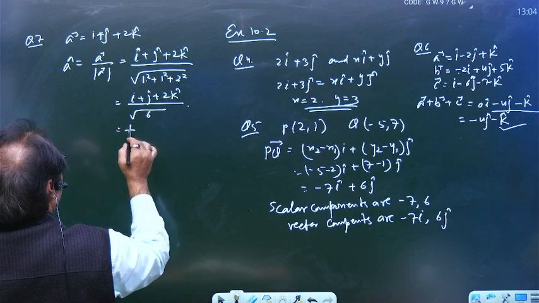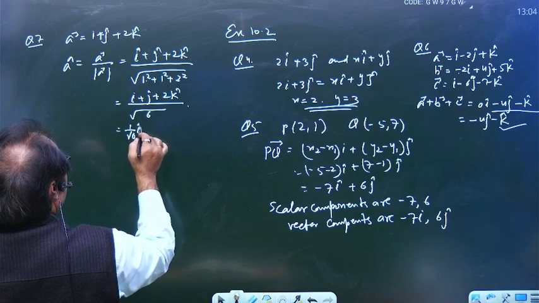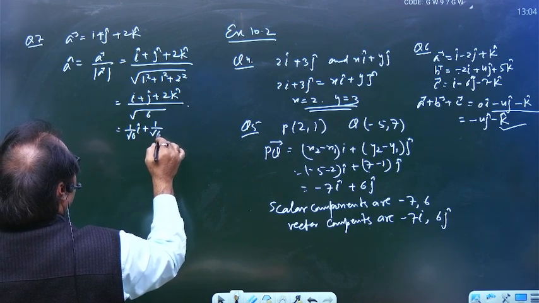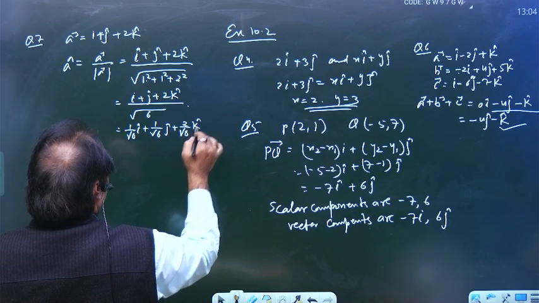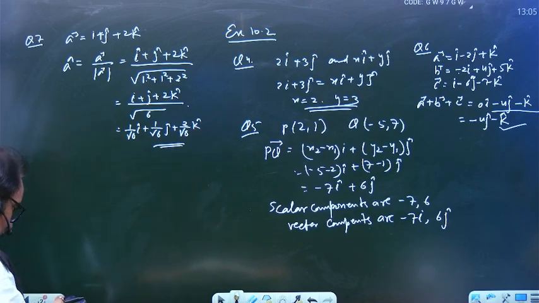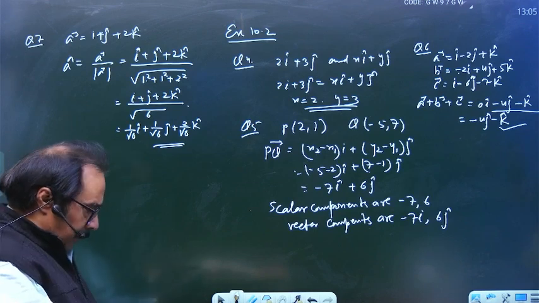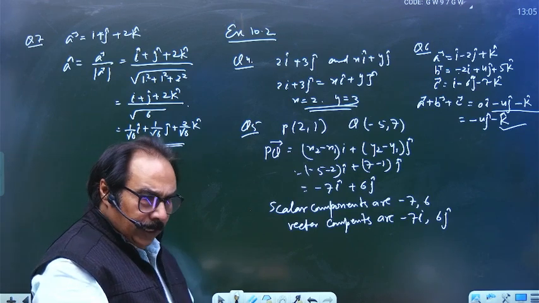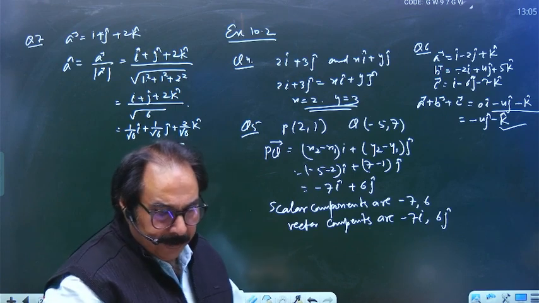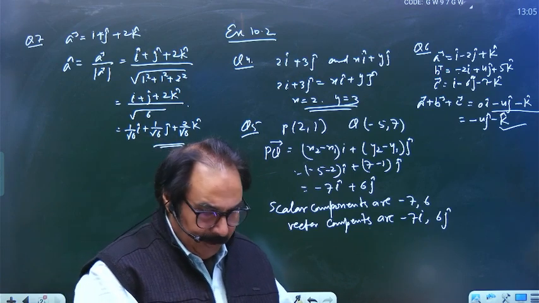So finally we can write 1 by root 6 i cap, 1 by root 6 j cap and 2 by root 6 k cap. Okay, so this is the answer of this question number 7.